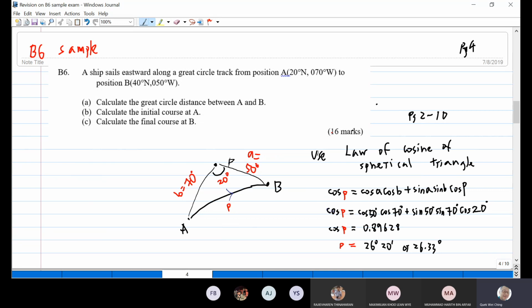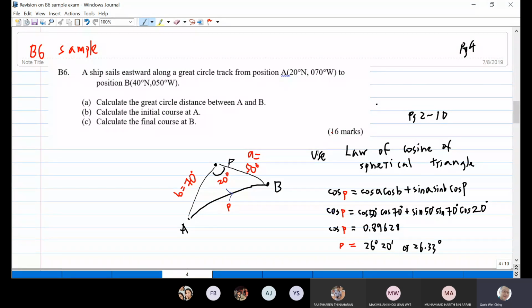So the formula directly, law of cosine formula is cosine P. Cosine P, which is 20. Actually the P here is not the angle, it's the side AB. So the P, I especially use a red color one. The cosine p is the length side, because for the angle I use capital letters.